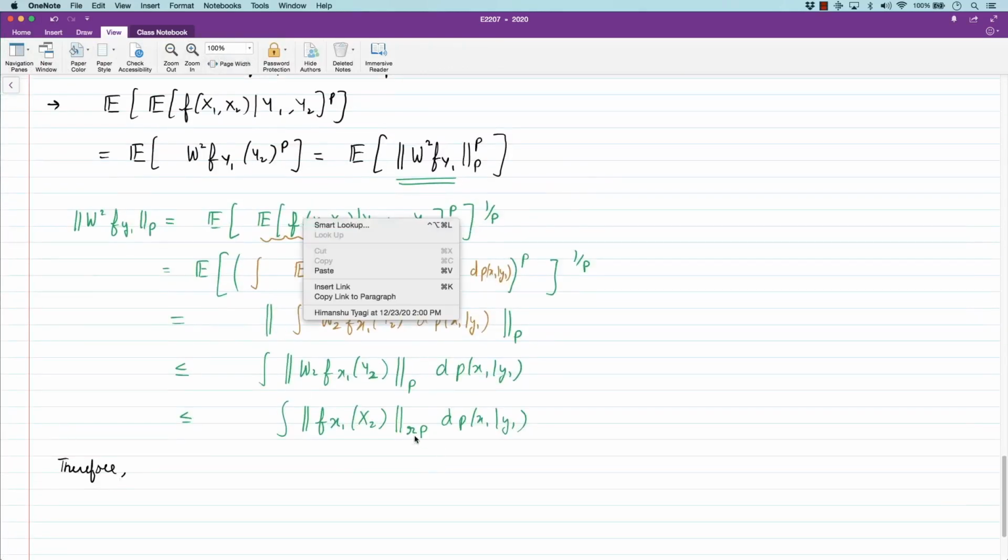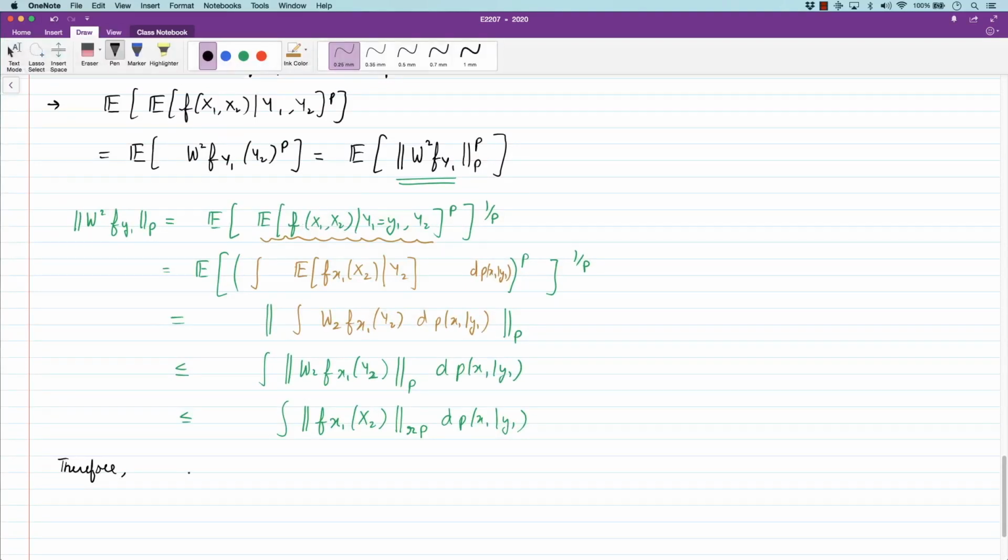Right, so we'll substitute this in here. Therefore the expected value of W2 f of y1 y2 is less than or equal to the expected value, now I'll substitute this. This is just the conditional expectation of x1 given y1, and then there's an expectation over y1.